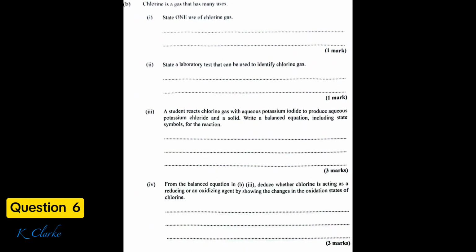B. Chlorine is a gas that has many uses. Part 1. State one use of chlorine gas. Chlorine is used to disinfect water. Another use is in sanitation of sewage and industrial waste, or you could write use as a bleaching agent.